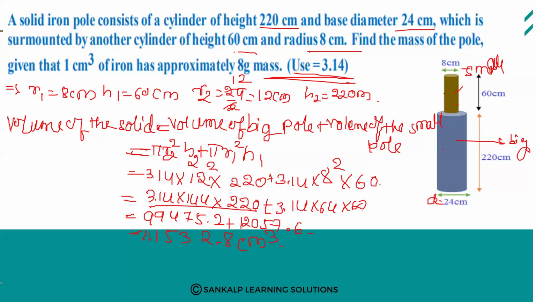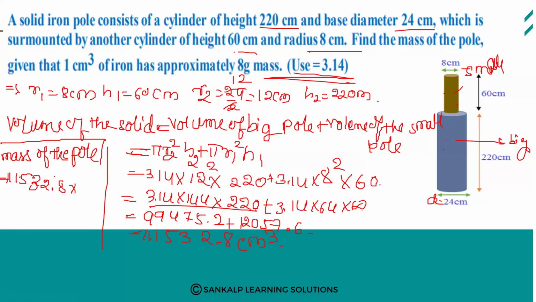That means mass of the pole is equal to 111532.8 into 8 gram, mass we want, right?